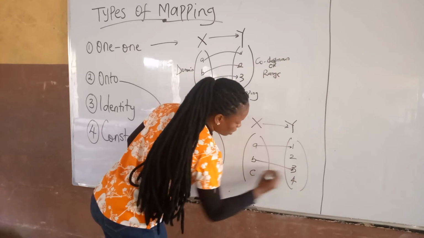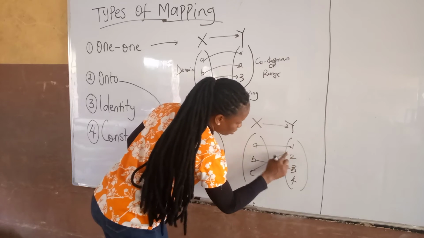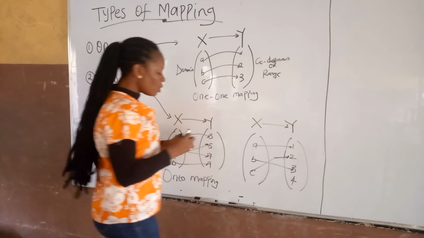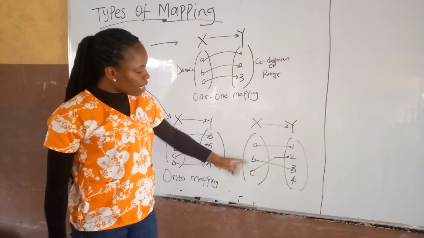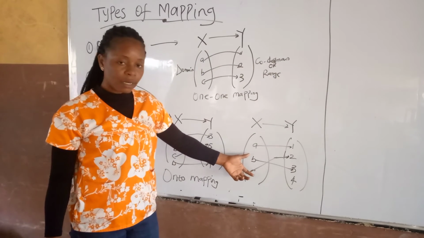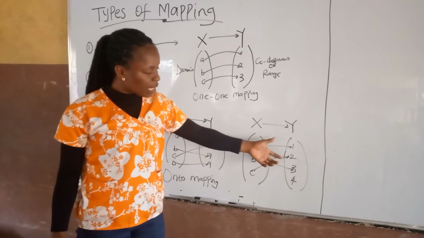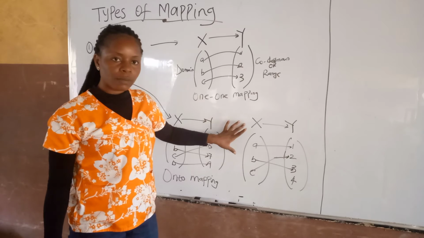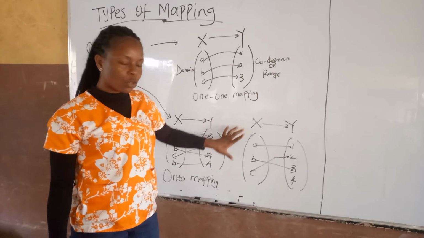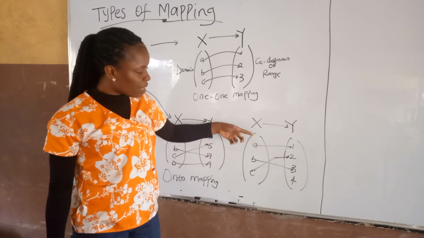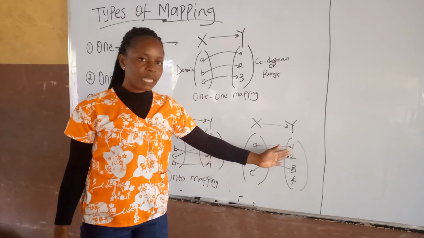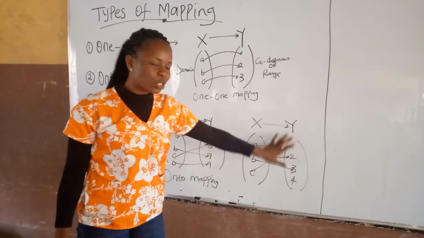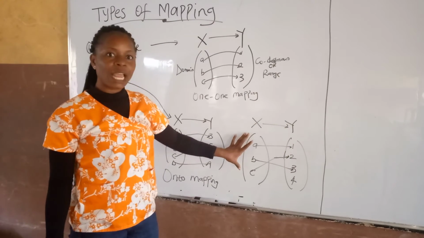This can map to this, and this can map to this. If you look at this mapping, every element in the domain has a unique image in the codomain. And this is a function. It's also a one-to-one mapping, because every element here has a unique image in the codomain. But every element in the codomain does not have an image in the domain.